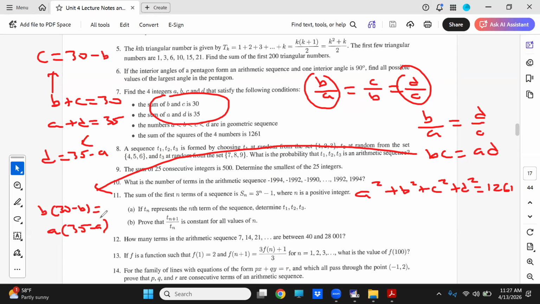Ugh, how am I going to isolate again? We could do this, A squared plus B squared. Hold on. It's kind of driving me nuts a little bit here.